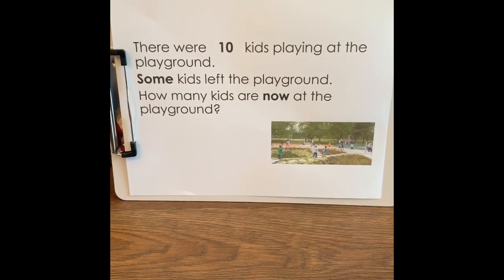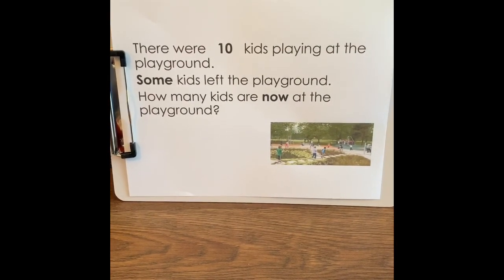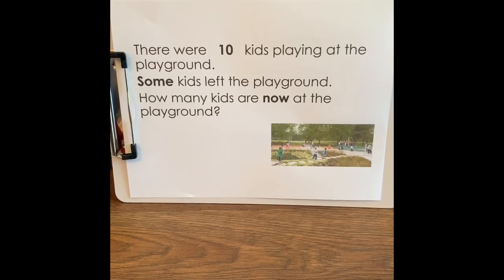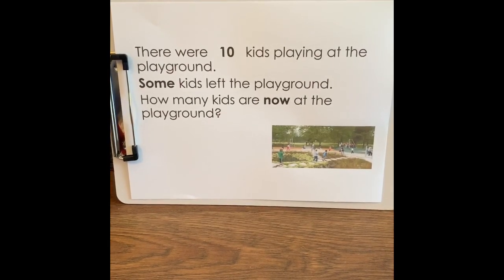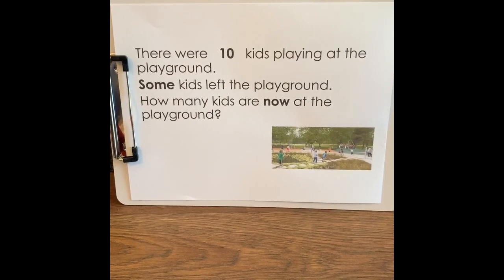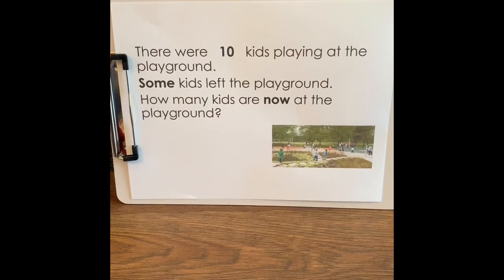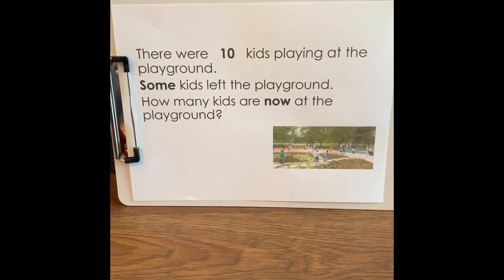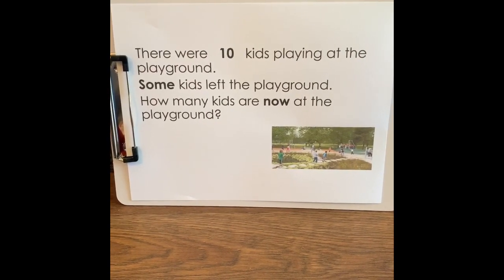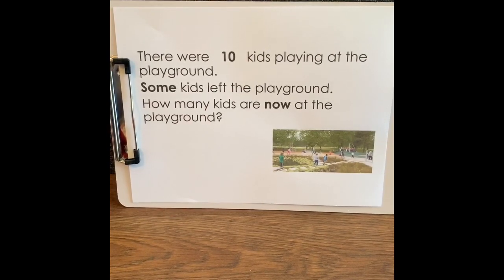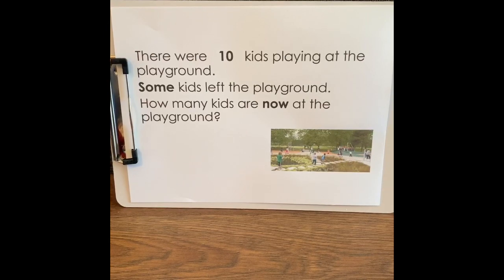No, I know that can't be true because 12 is greater than 10, and 12 kids couldn't have left the playground if there was only 10 to start with. Could there have been 7 kids leaving the playground? Yes, this could be true because 7 is less than 10. And also, if the word says some kids, we know that's more than 1. And 7 is more than 1 too.